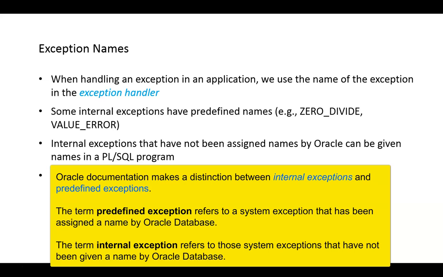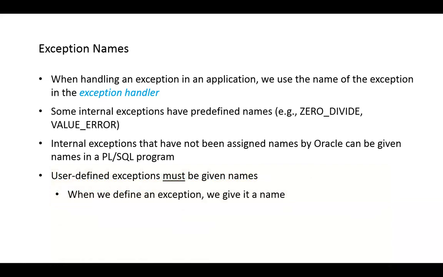So internal exceptions that have not been assigned names by Oracle can be given a name within the PLSQL program for the purpose of being able to focus specifically on that exception within the exception handler. Note that if we create our own exceptions, user-defined exceptions, these must be given names. So when we define an exception, we actually give it a name as part of that definition.